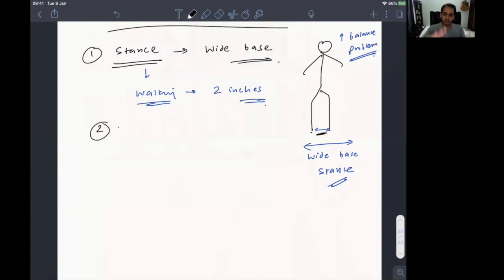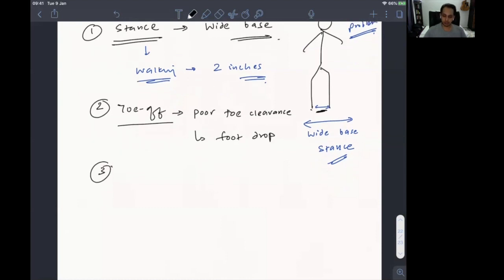When the foot is about to lift off from the ground, in the toe off phase, you want to check if the patient's toe is completely off the ground, or is it still dragging. If there is poor toe clearance, that can be a sign of foot drop. What else do you want to know?